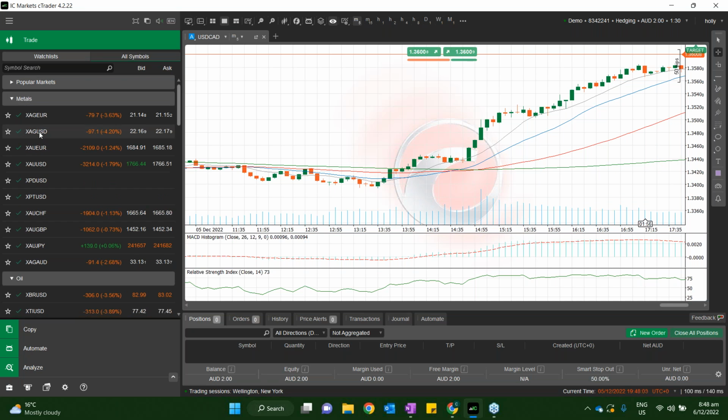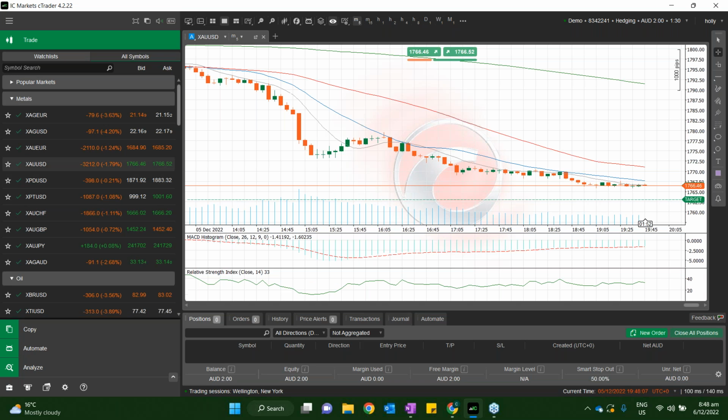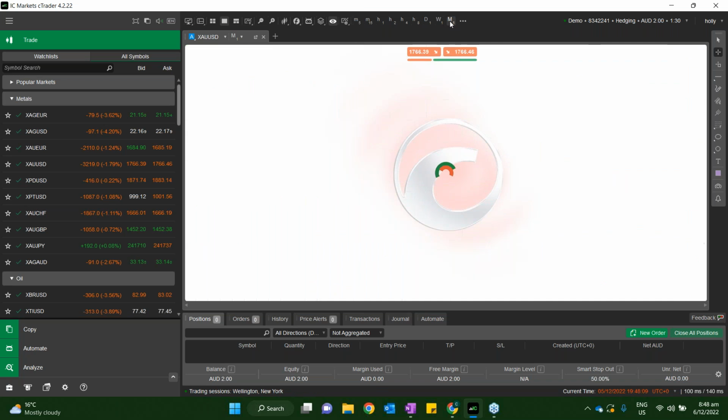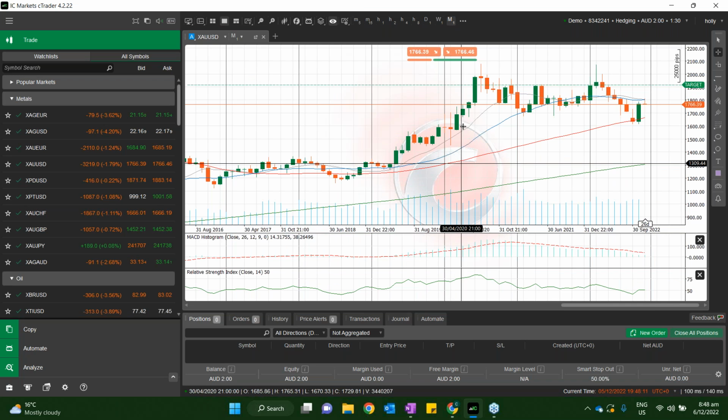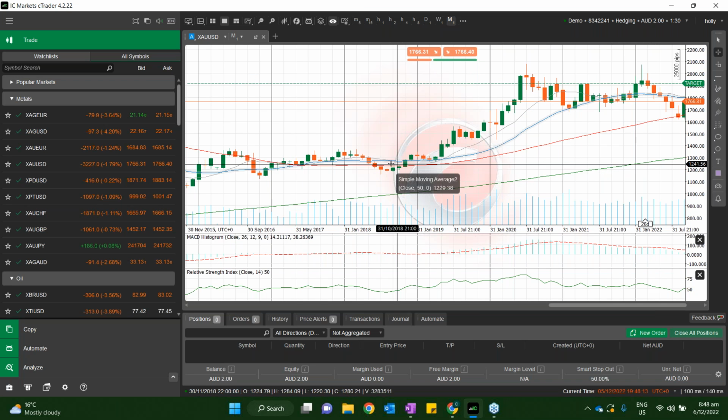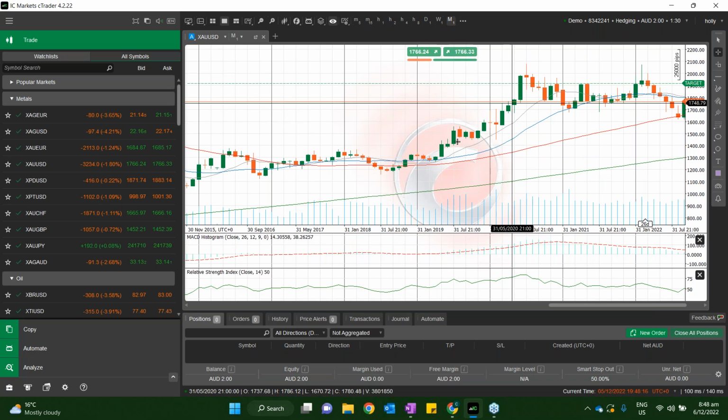Let's have a look at maybe some metals. Always interesting to have a look at what gold's doing, although I don't actually think it's doing a lot. Saying that though, obviously when it was in this sort of pattern, it was really nice.